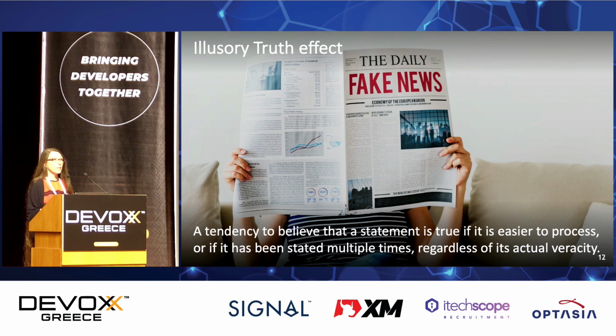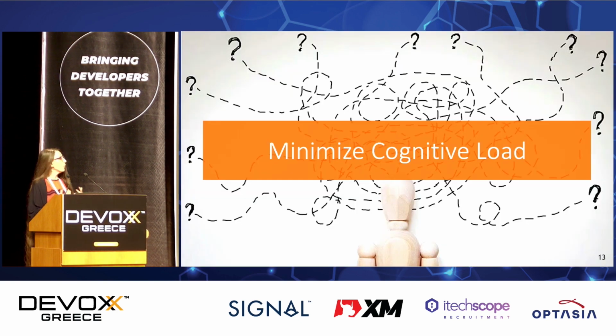As designers, it's important to keep this in mind. The way we present information can have a big impact on how people perceive it. It follows that it is imperative to create a user experience that minimizes the cognitive load of our users.